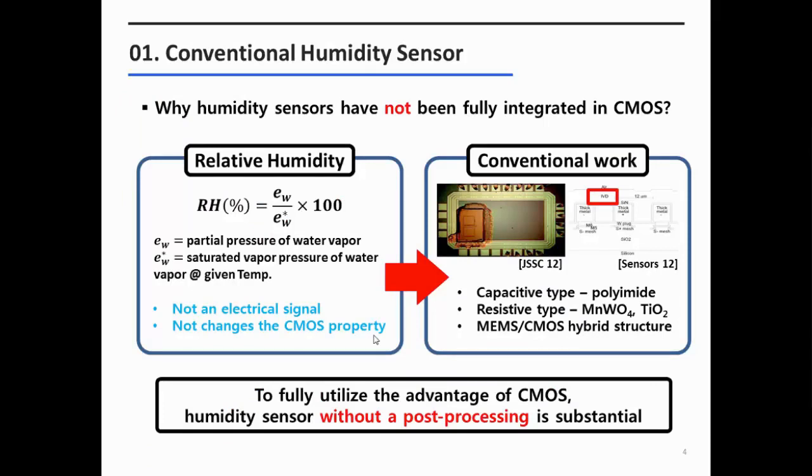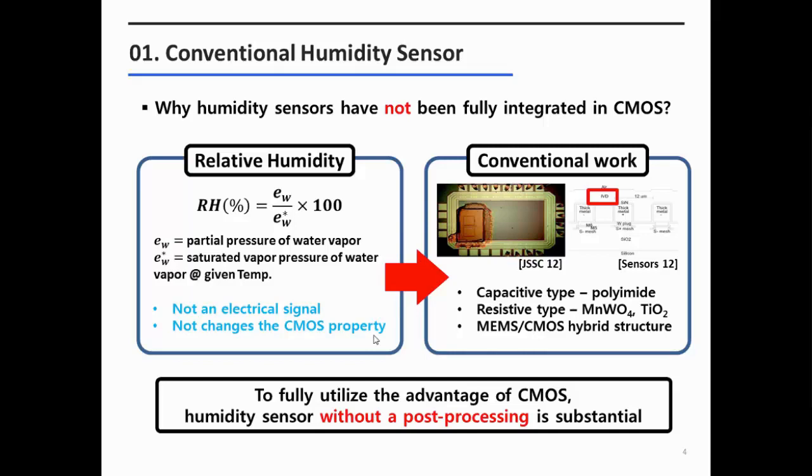As a widely used figure, relative humidity can be represented in this equation. And as you already know, humidity is not an electrical signal and it does not change the property of the CMOS process. Therefore, previous work and commercial humidity sensors have required additional post-processing, which relates relative humidity and electrical signal.